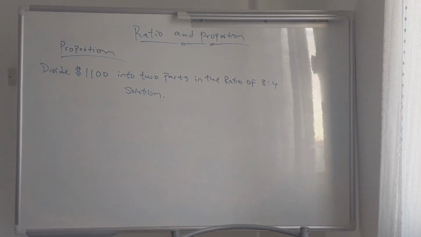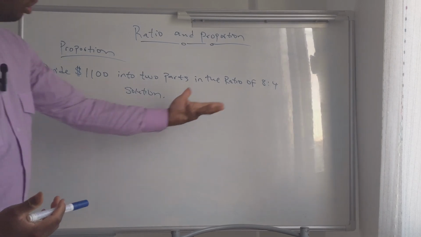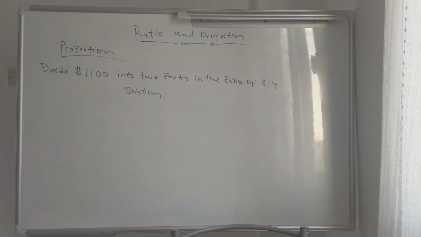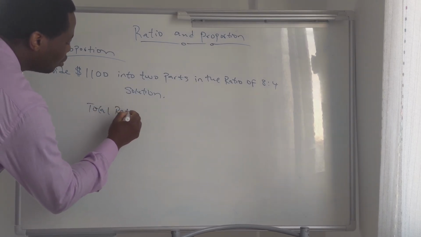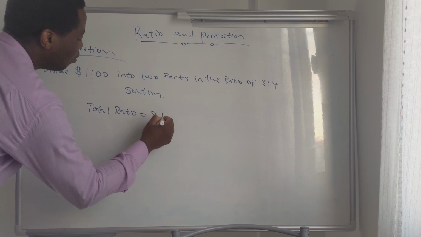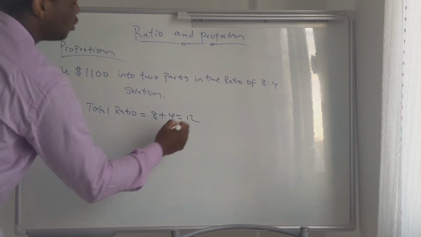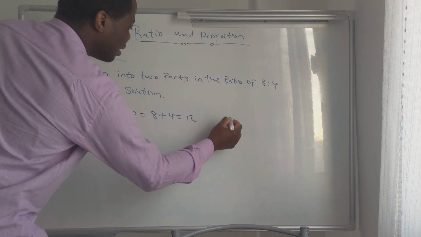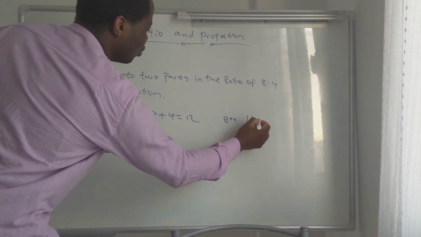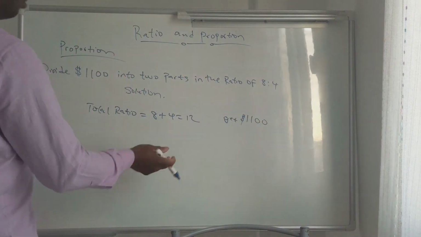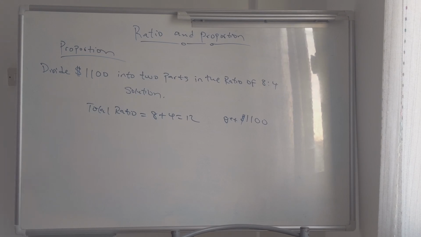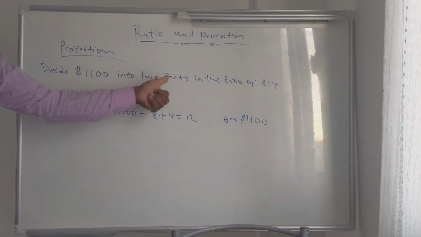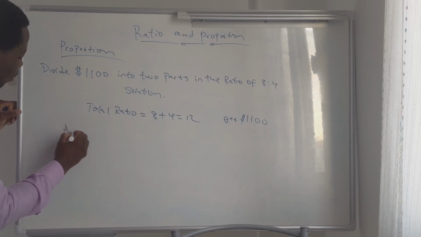We will first find the total ratio, which is equal to 8 plus 4, which is equal to 12. The sum of the total ratio is $1,100.